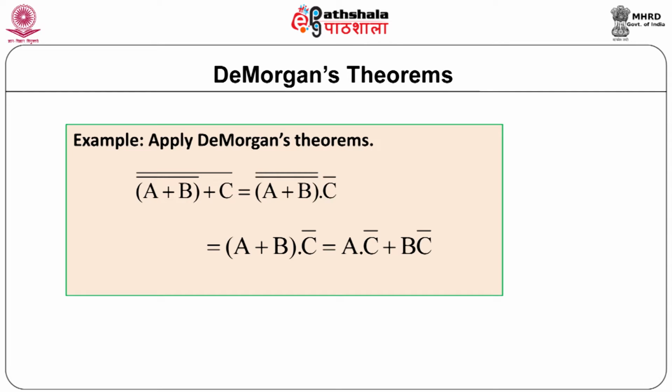By applying De Morgan's theorem to the left hand side, we get the double complement of (A or B) and C bar, which is equivalent to, now the double complement of the sum term will get cancelled and we get only (A or B) ANDed with the complement of C. So, we can write the right hand side as A and C bar or B and C bar.